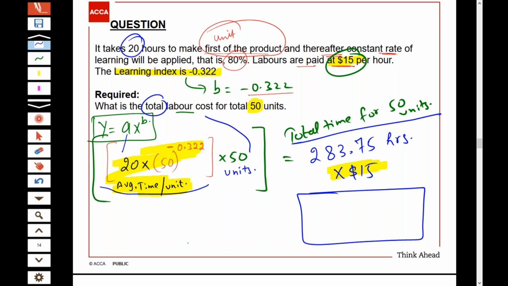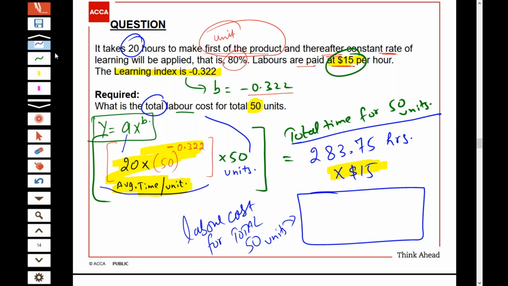So that will be the labor cost for total 50 units. 283.75 multiplied by 15, that becomes $4256.25. This is the total labor cost for 50 units.